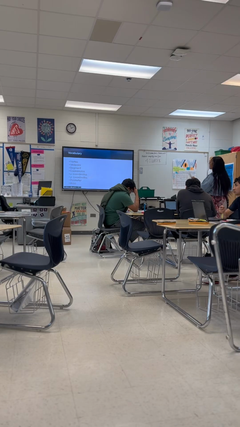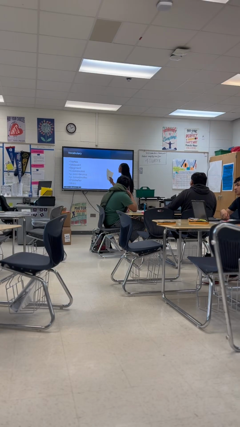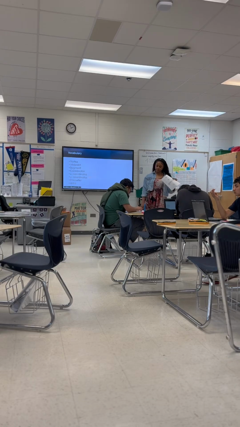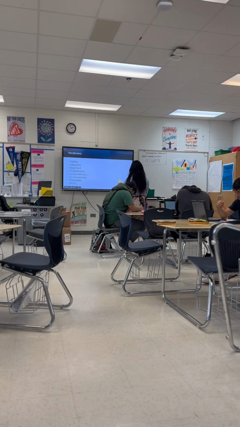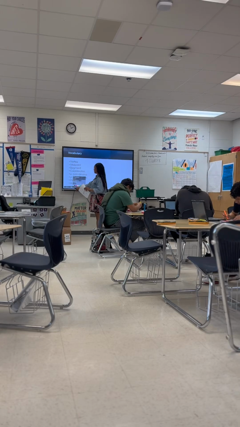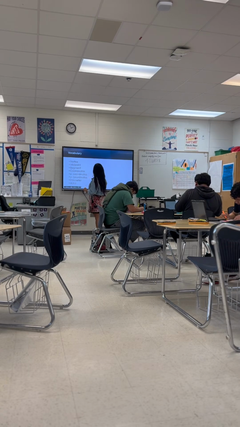Okay, so then next we have y coordinate. So y coordinate is the second number in the coordinate. So you're gonna pick up a different color and highlight y coordinate, a different color than the first two. And then you're gonna do the same. 1, 4.